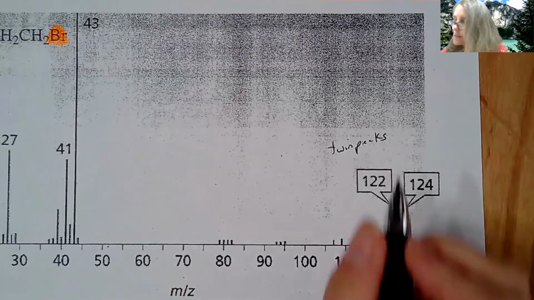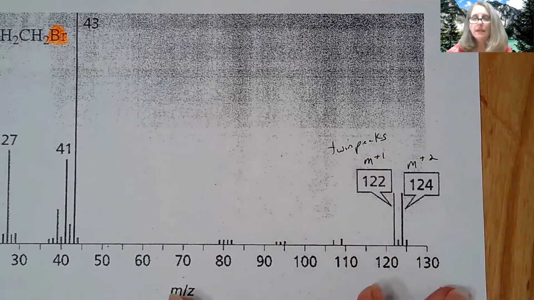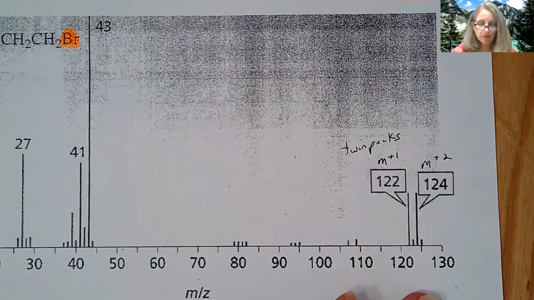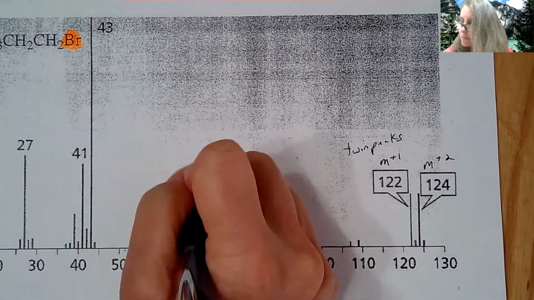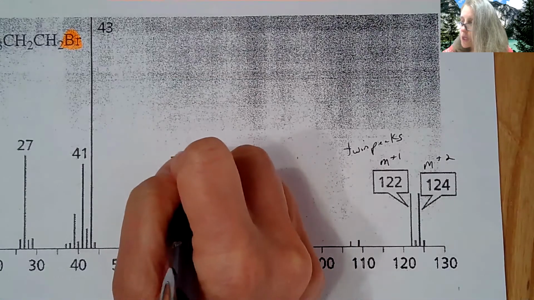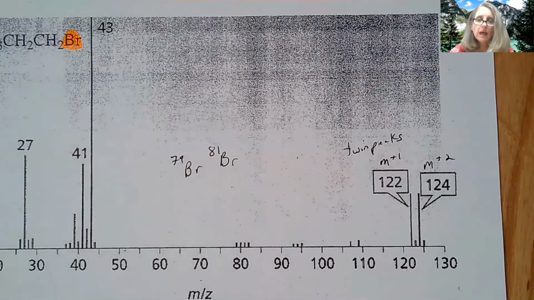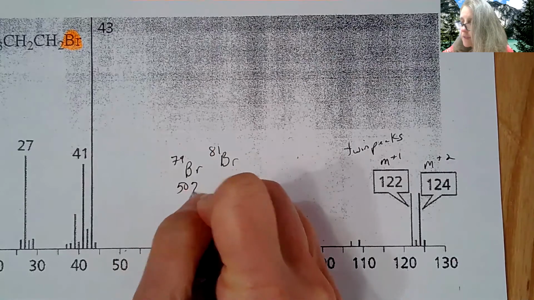And that is because this is the M+1 peak and this is the M+2 peak, meaning you made a +1 ion versus a +2 ion. Again, we're not going to focus too much on it, but it's very indicative of bromine to have this because bromine has 2 isotopes. One is bromine 79 and one is bromine 81. And what's interesting about bromine's 2 isotopes, they're about 50-50.